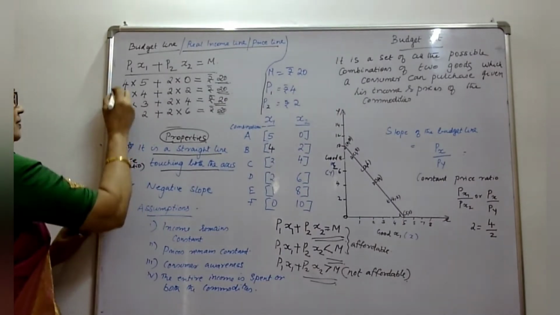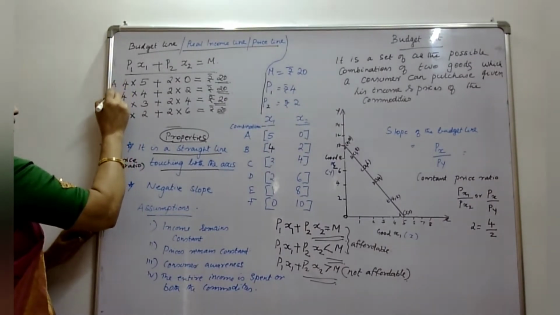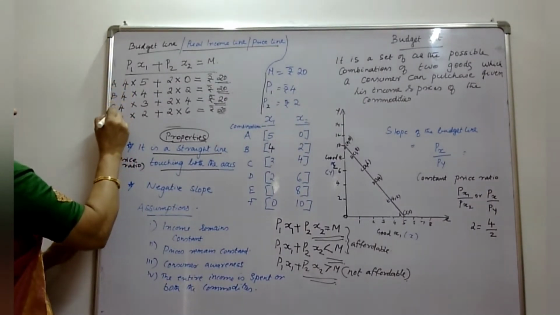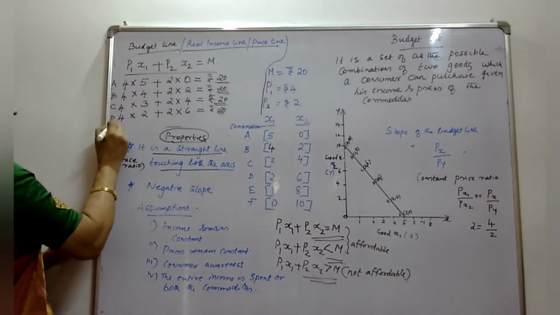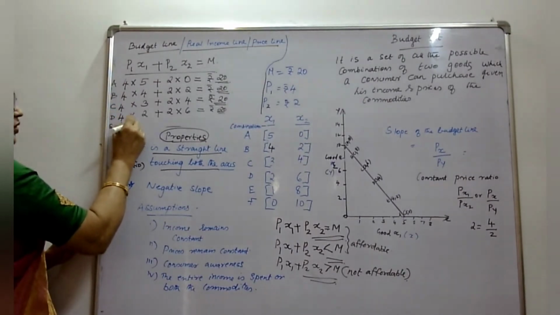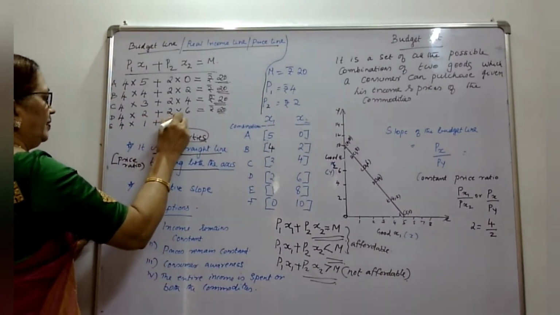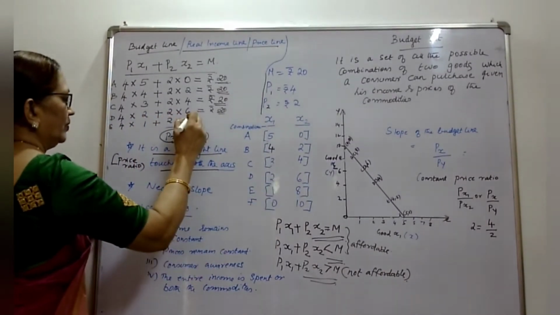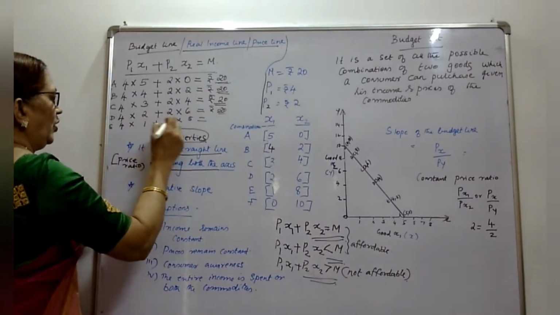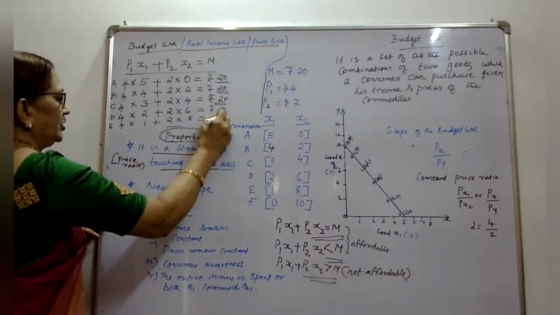Next combination, that is here A, B, C, D. Next combination E, 4 into 1 plus P2 x2 is equal to 4 plus 16, 20.